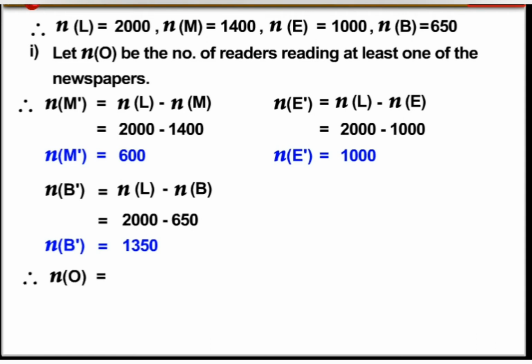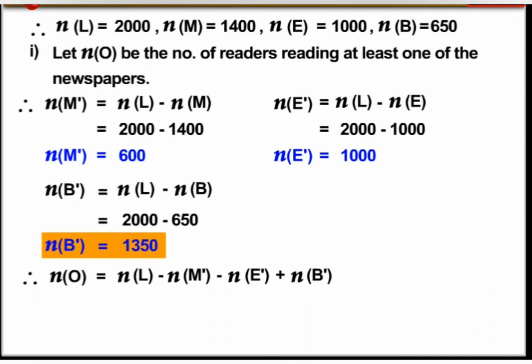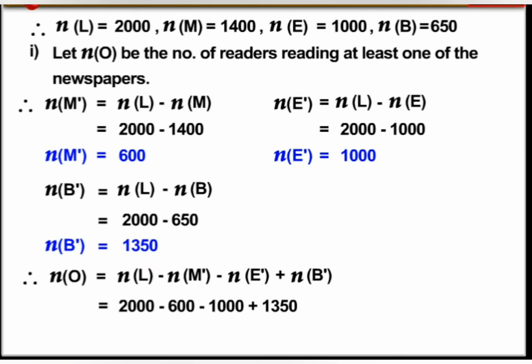Therefore, n(O) is equal to n(L) minus n(M'), that is, readers not reading Marathi newspapers, minus n(E'), that is, readers not reading English newspapers, plus n(B'), that is, readers not reading both newspapers, that equals 2000 minus 600 minus 1000 plus 1350, that equals 1750.